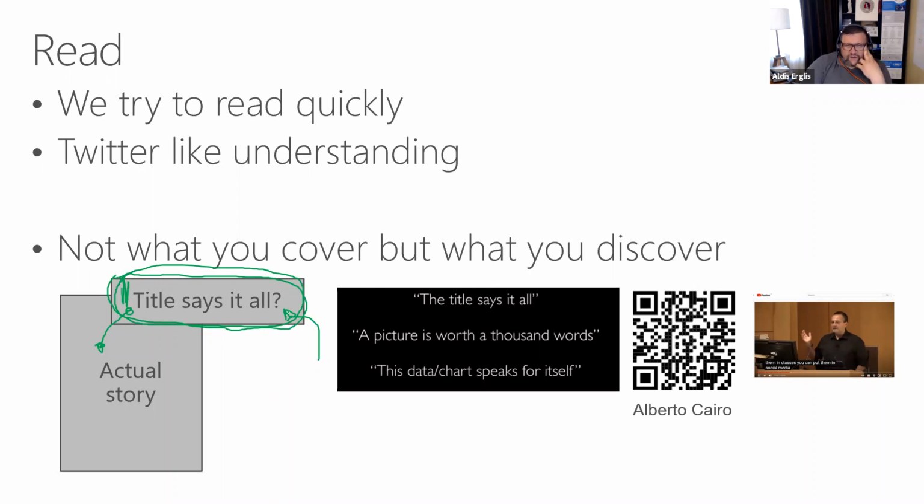If you find yourself, or you see that someone is trying to consume these aggregated versions, it means we can't talk about data literacy so much. And the same with a picture, or the same with a chart. We say this chart says everything. And Alberto Cairo says that no chart says everything.